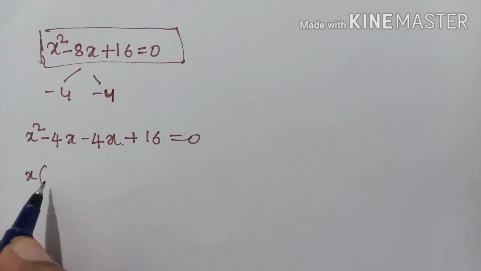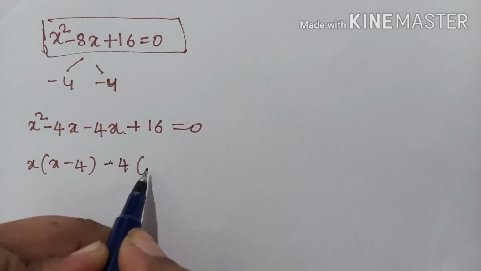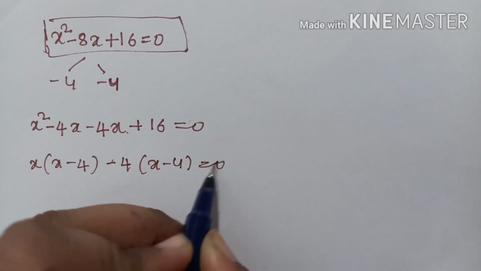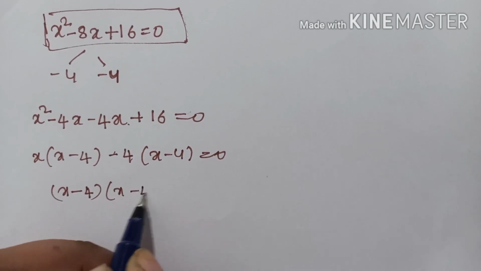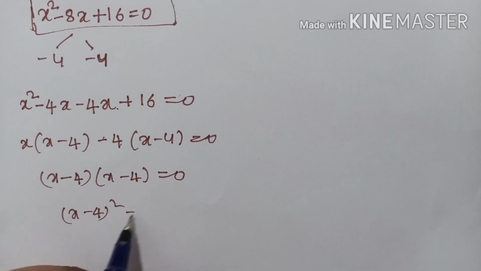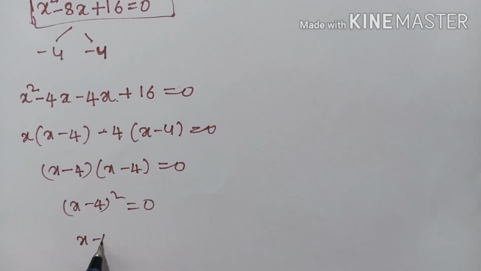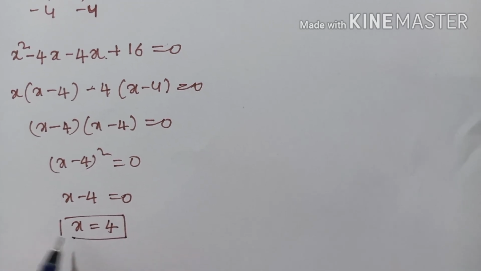Taking x common, x minus 4, and taking minus 4 common, x minus 4 equals 0. Now we have got the two factors, x minus 4 and another also x minus 4. That is (x minus 4) whole squared equals 0, which is x minus 4 equals 0. So therefore x equals 4.